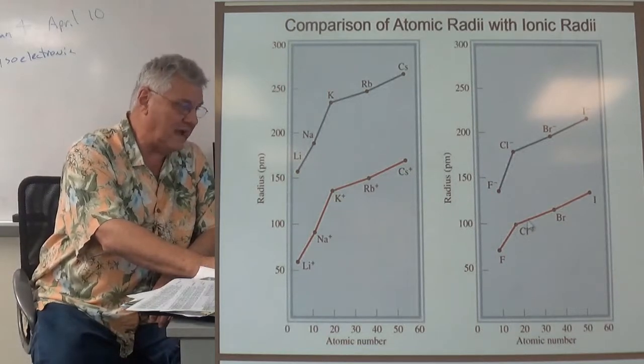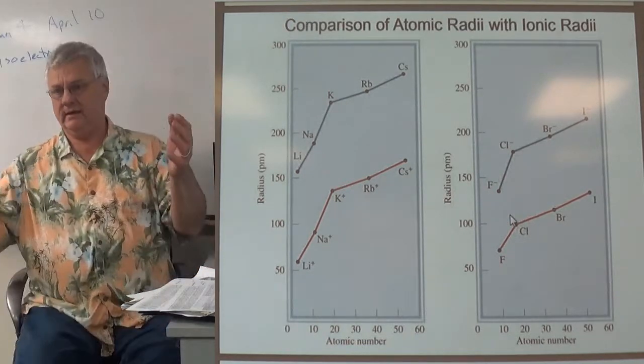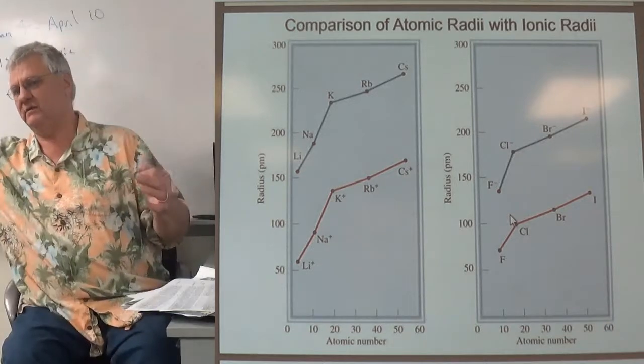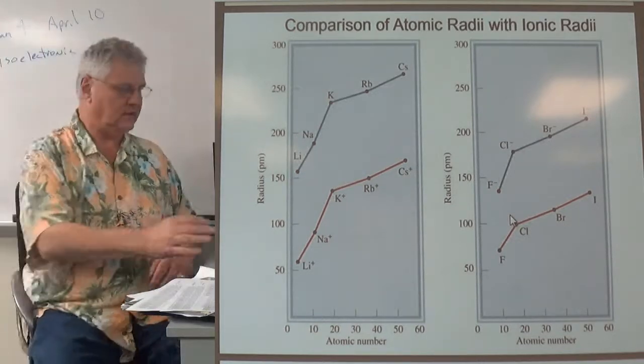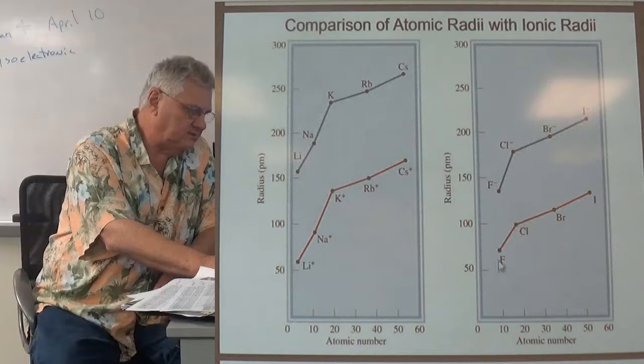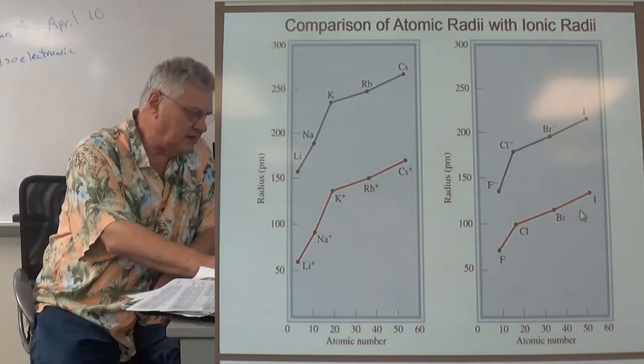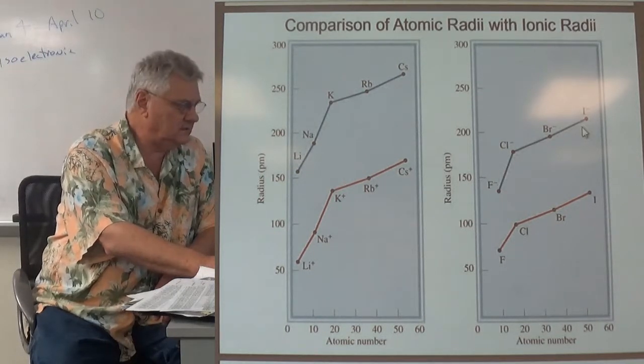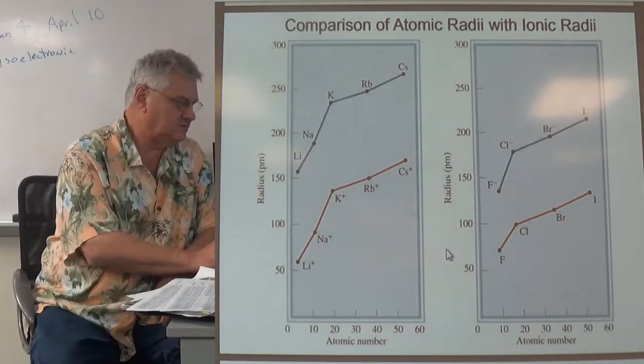On the other hand, if you have an atom and you add electrons to form an anion, well, now you're adding electrons to outer orbitals and you're making the ion bigger. And so as we go from halogen atoms to halogen anions, the radius increases.